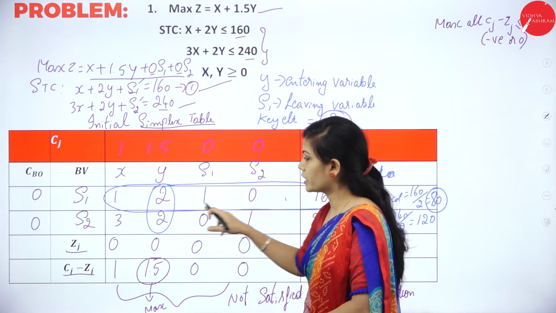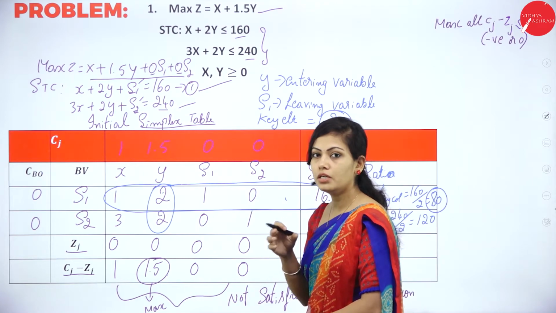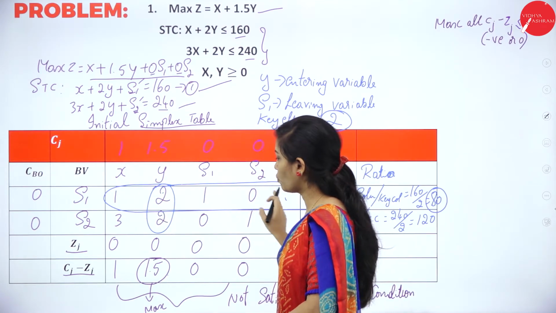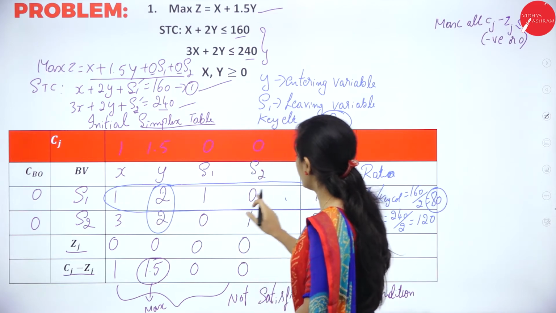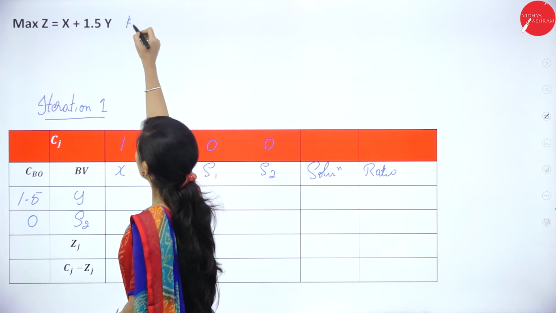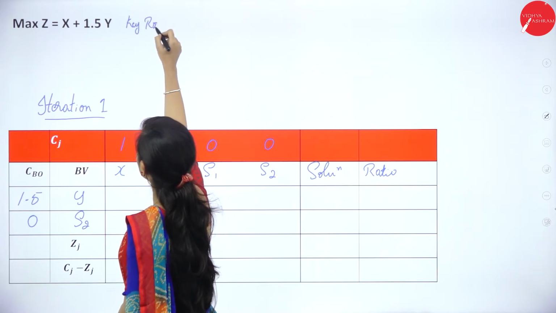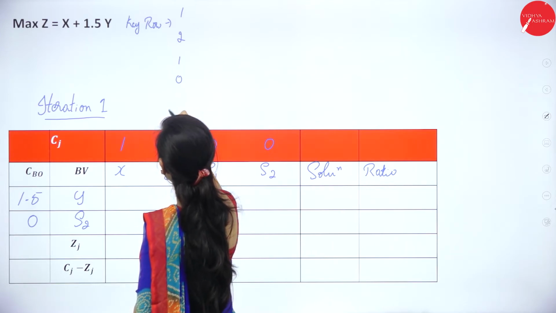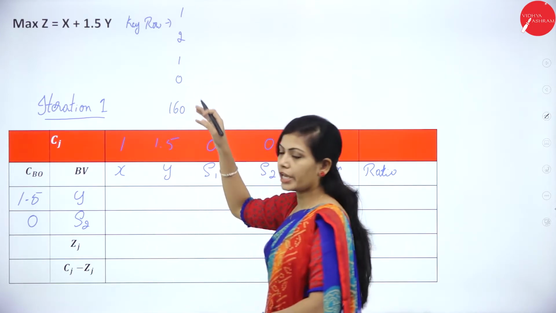Here I have the old key row values, and I will find the new values in iteration 1. First, list all the key row values: 1, 2, 1, 0, 160. I have listed the key row values.